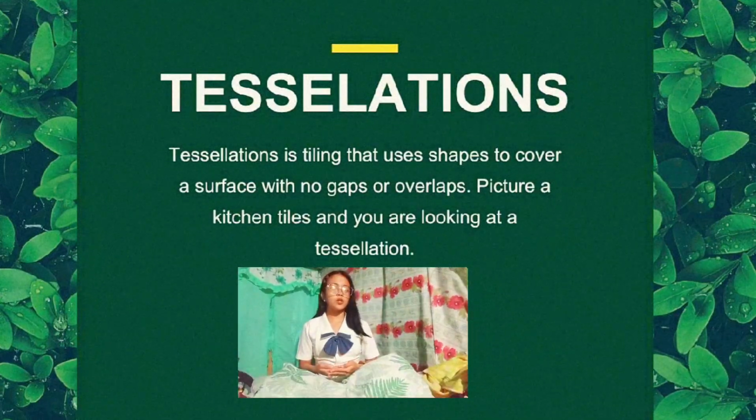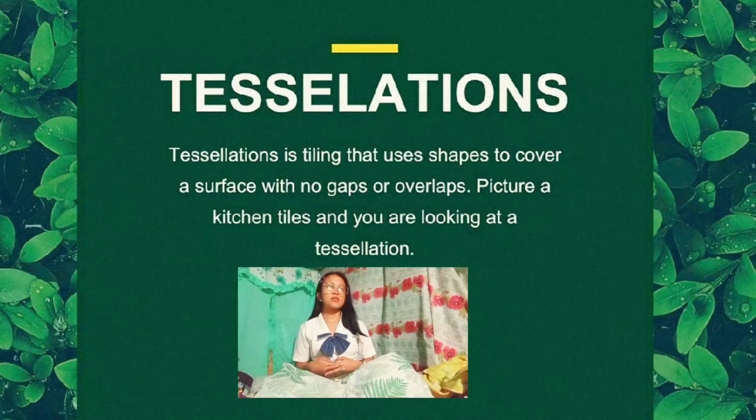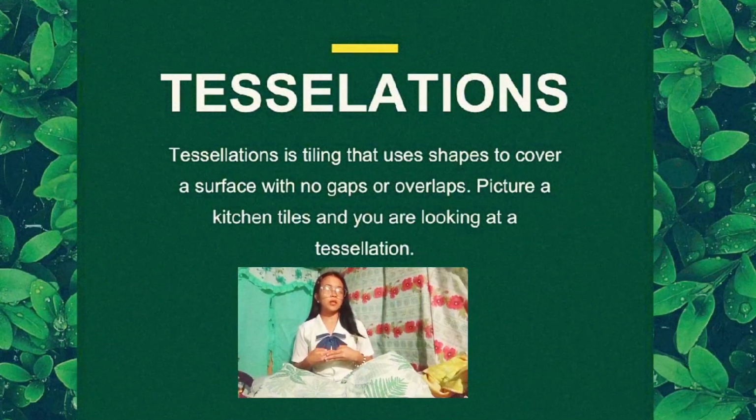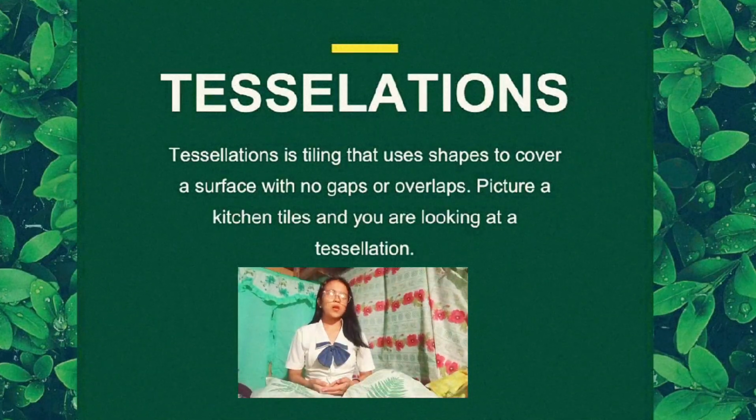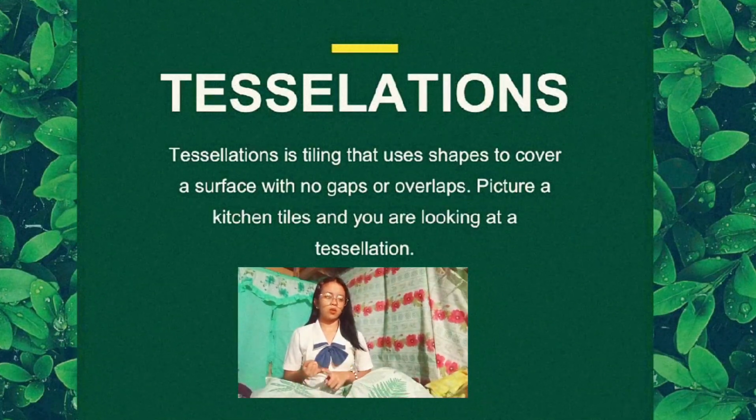By definition, a tessellation or tiling is a pattern made up of one or more geometric shapes that cover a surface completely without leaving any gaps or overlapping. Tessellations can be regular, semi-regular, or irregular, depending on the types of shapes and how they fit together.